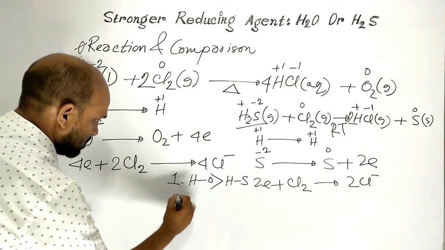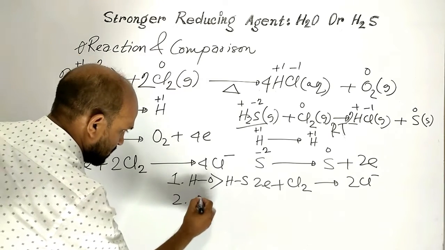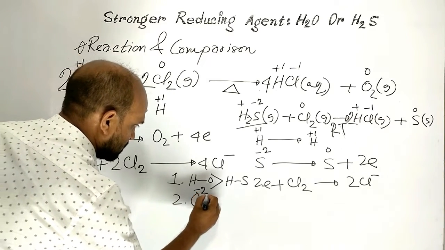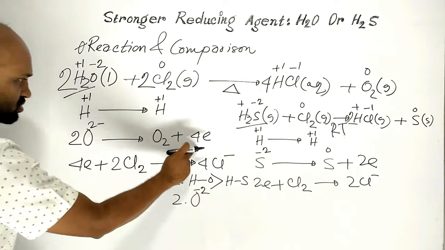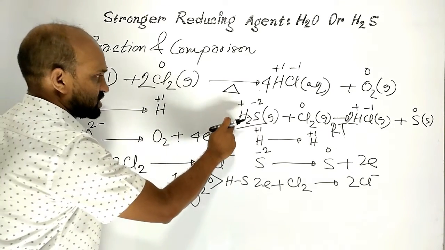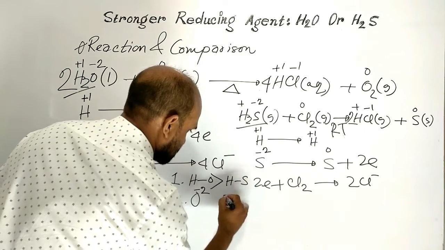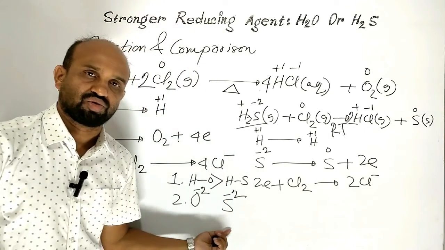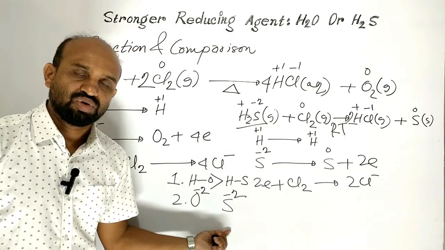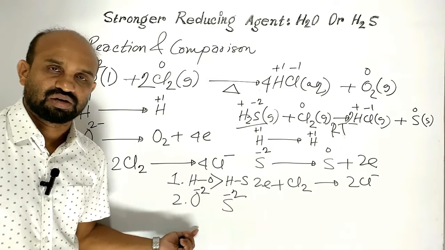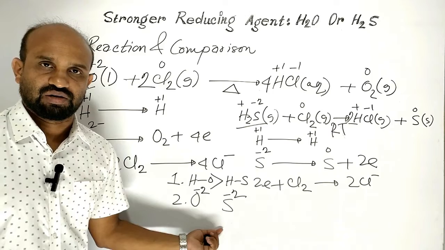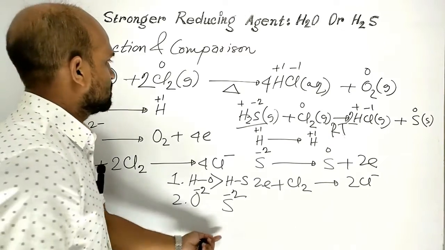This is number 1. Number 2, in case of water, oxide ion is donating electrons, but in case of the second reaction, sulfide ion is donating electrons. Which one donates electrons easily, oxide ion or sulfide ion? Let's see the matter.